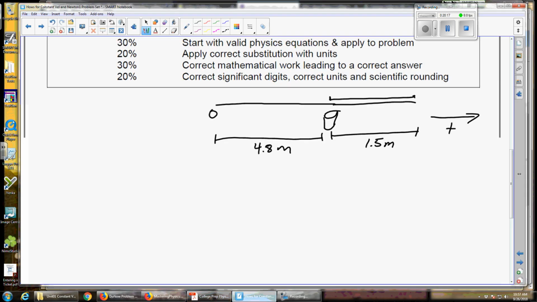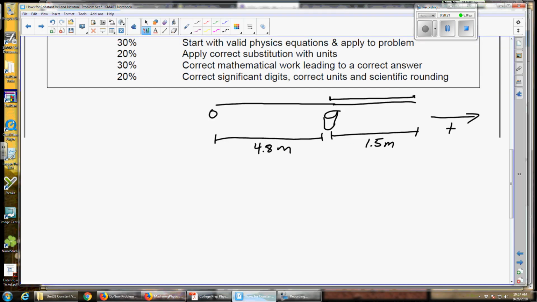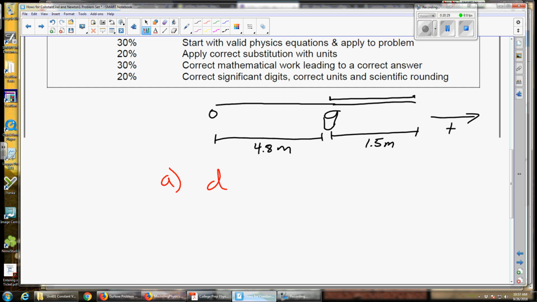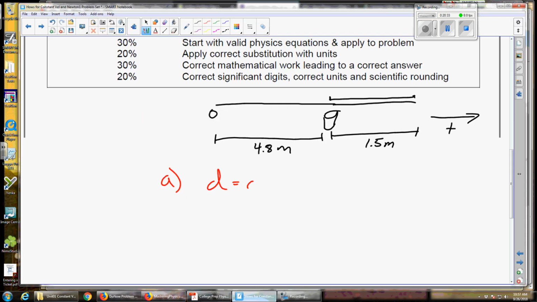And so for part A, they want to know distance, right? Yep. So for part A, I'm going to use the distance. Distance equals d1 plus d2 plus d3 plus dot dot dot.